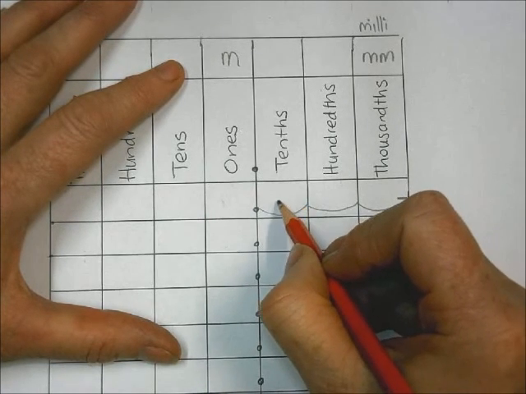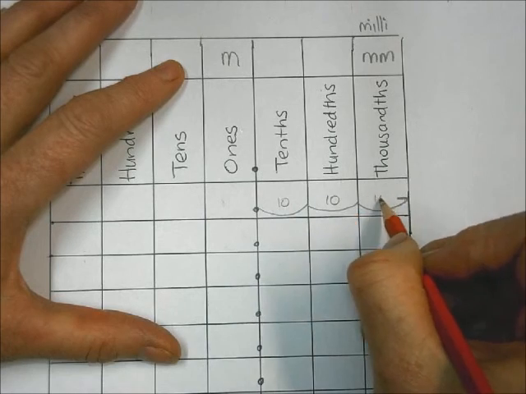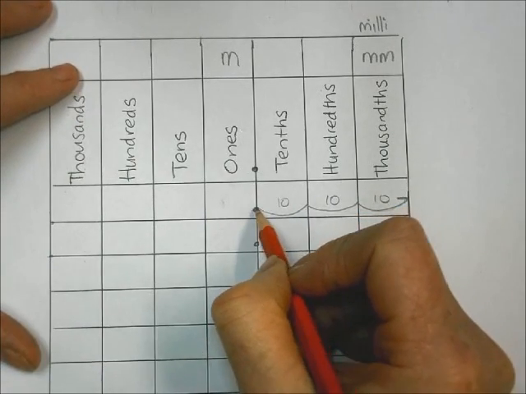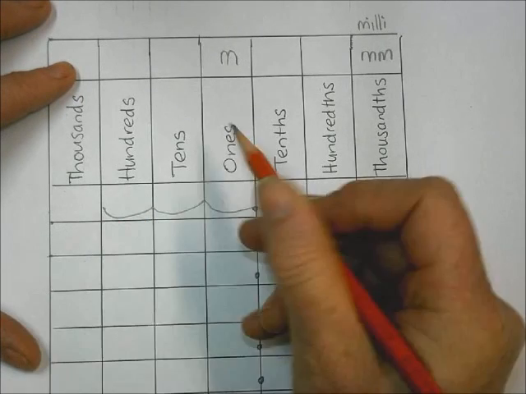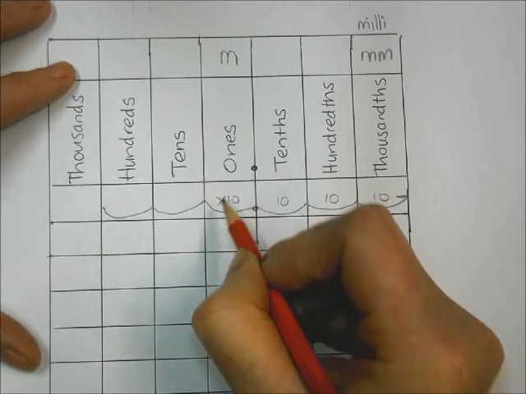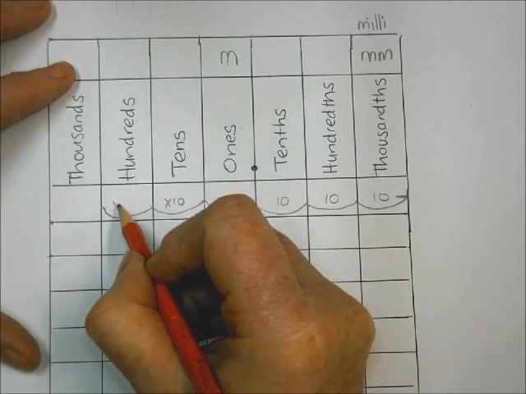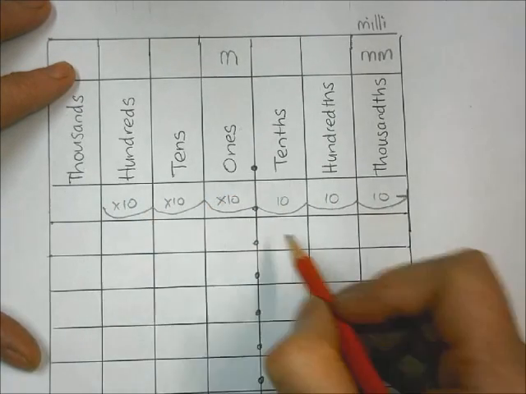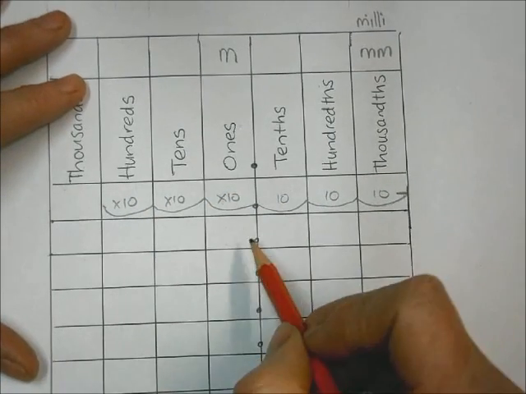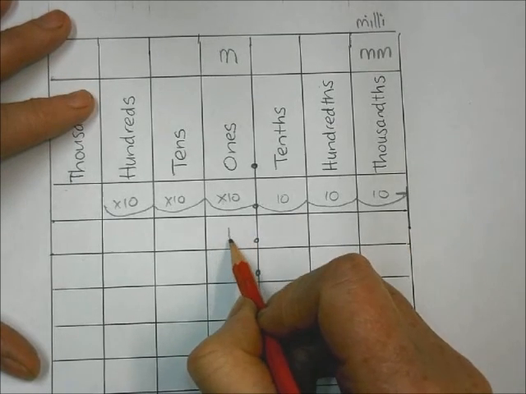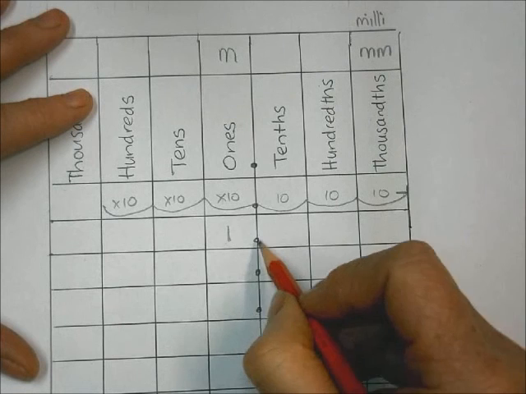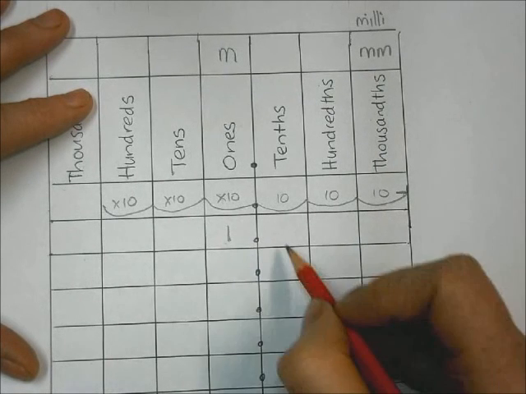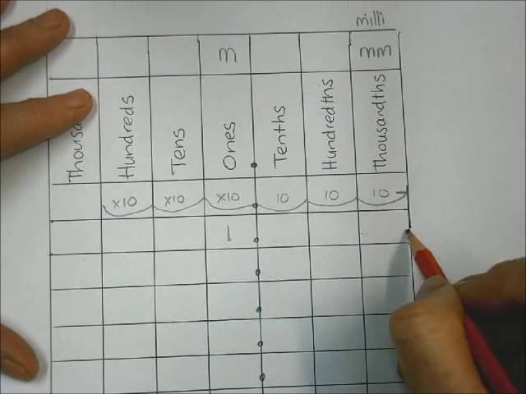Okay, so 10 times smaller that way, and if we're moving in the opposite direction, each column means it's getting 10 times bigger. Okay, so the difference between 1 and 1,000th of 1, okay, is 1,000 units.